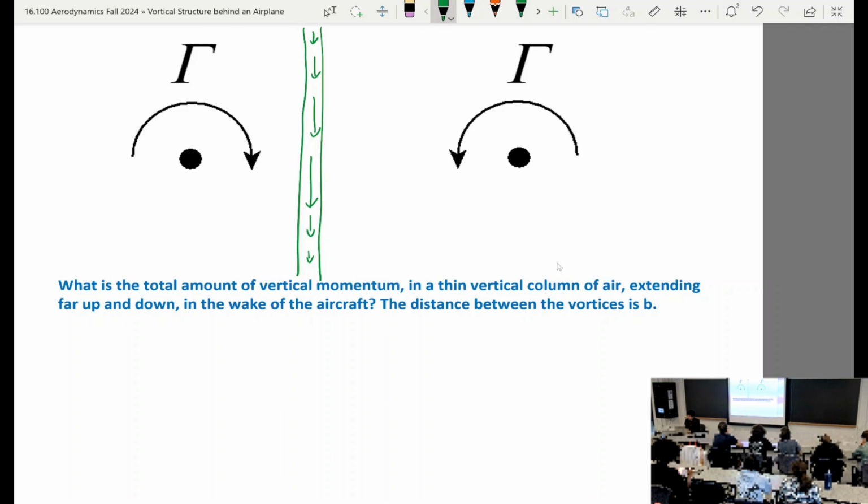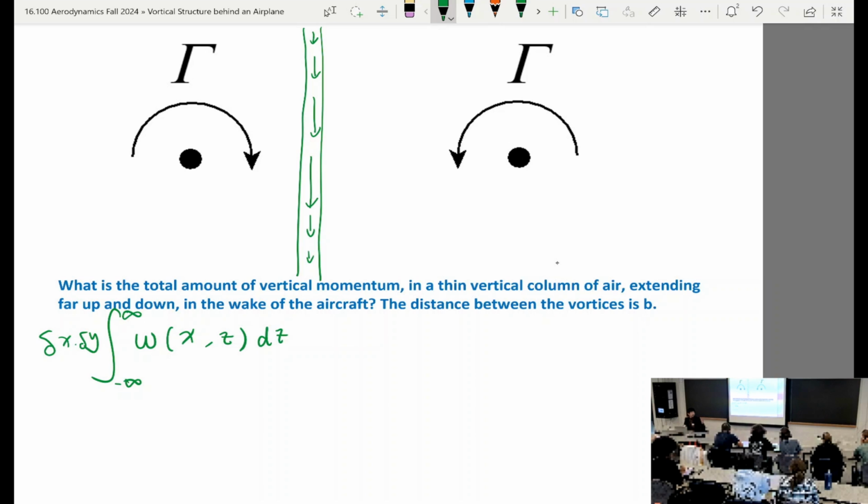Okay, so what is the formula? Well, we already have a formula, right? The downwash W as a function of x and z. We need to integrate over z, dz from minus infinity to infinity, times a small delta x, a small delta y, in the x direction and y direction.